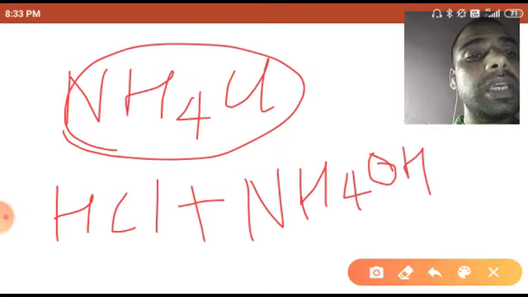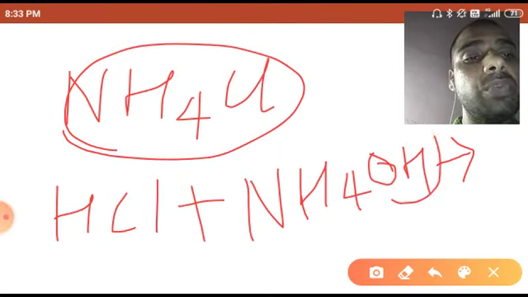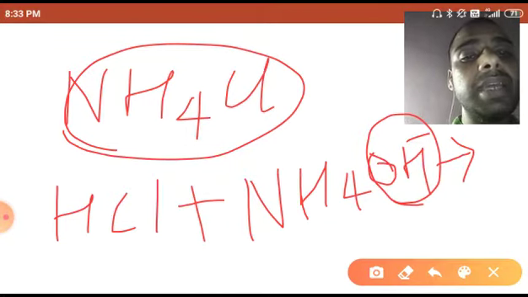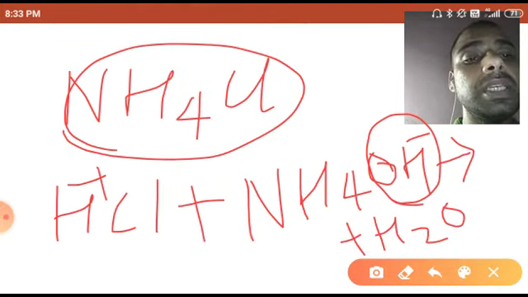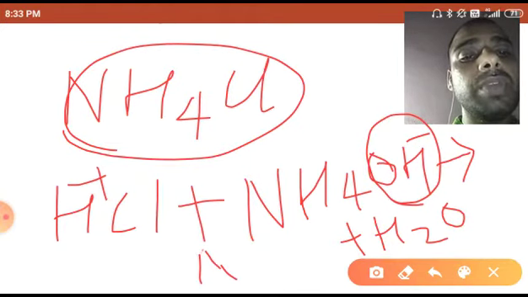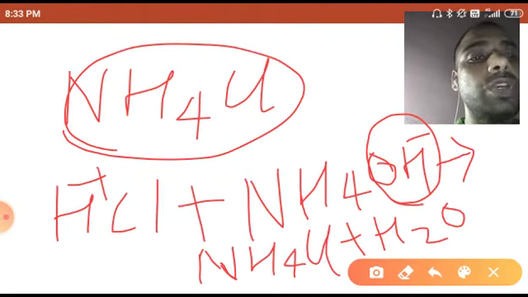Here you can see NH4OH, OH negative, H positive. What can it form? It can form H2O, one compound, and plus it can form NH4Cl. So you have understood that this one is a salt and that one is an acidic salt.